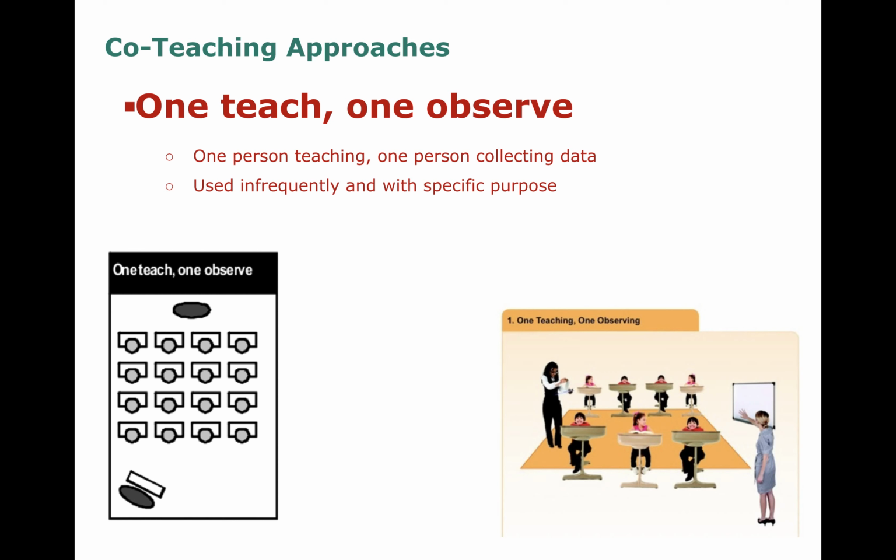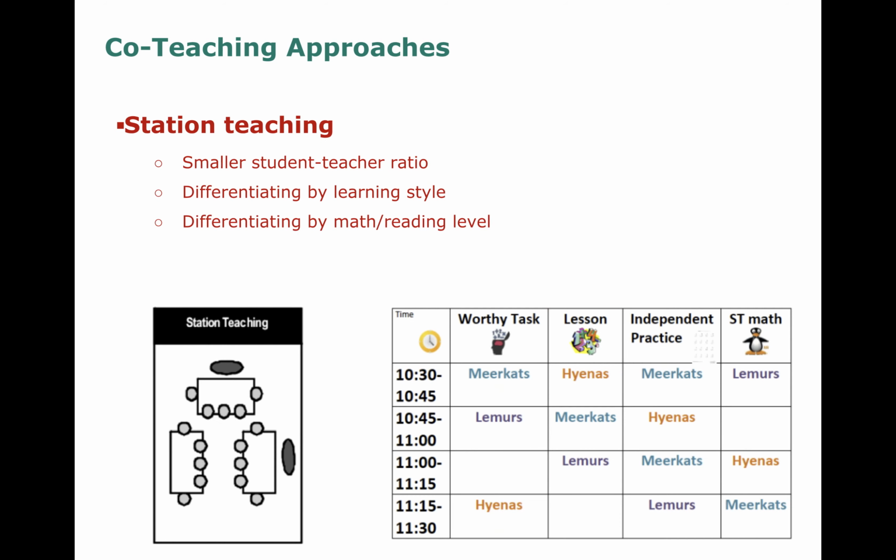For example, if you have a new student who moved into your classroom and is having significant behavioral problems, then you might have the gen ed teacher leading the course, teaching, and then the co-teacher, the special ed teacher, is collecting data on that child's behavior. So it's often used for a specific sort of intervention or data collection method. It's not our primary way of co-teaching.